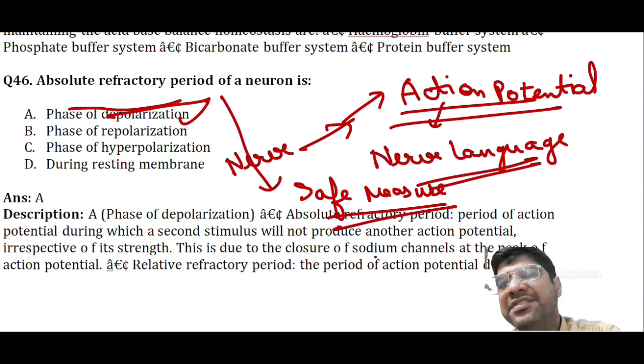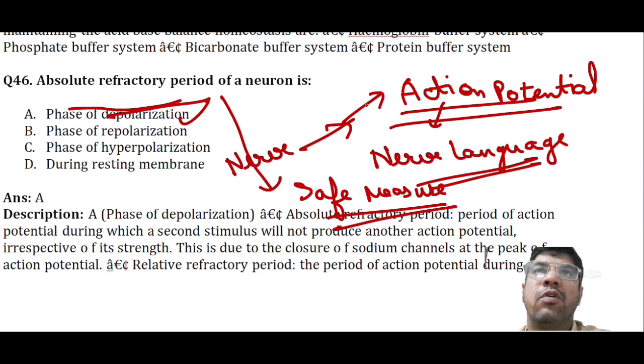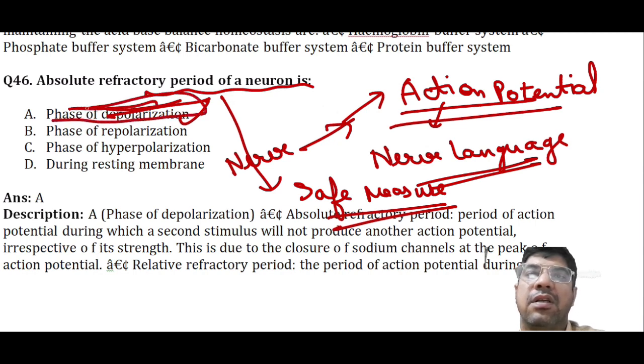It's just like a traffic light that keeps the road clear for one car at a time. So the absolute refractory period is a phase of depolarization. After the absolute refractory period, the nerve can go back to its resting state and be ready for the next message.